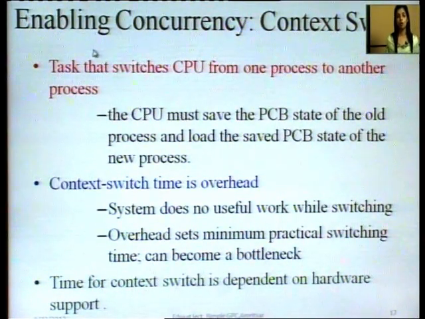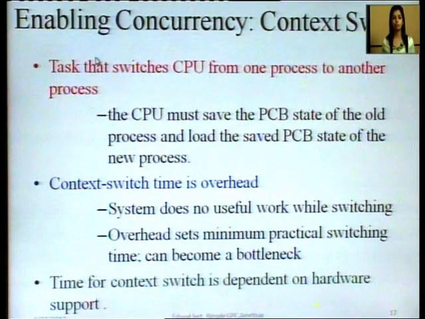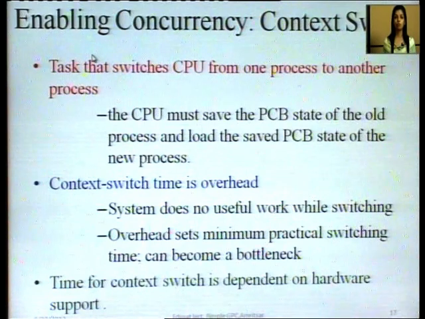So how do we manage the concurrency of processes? Context switching is a task that switches the CPU from one process to another process. The CPU must save the process control block stage of the old process and load the saved PCB, or process control block stage, of the new process.